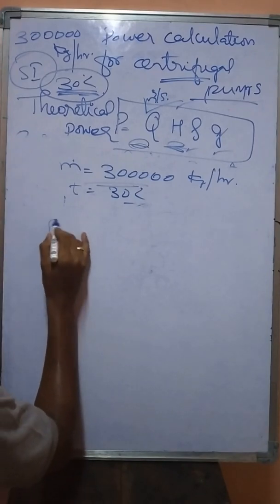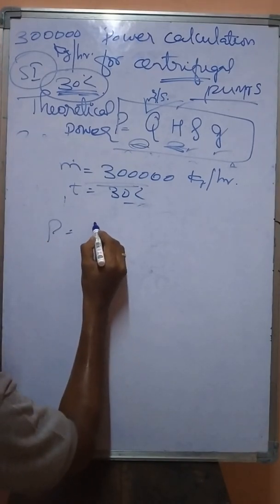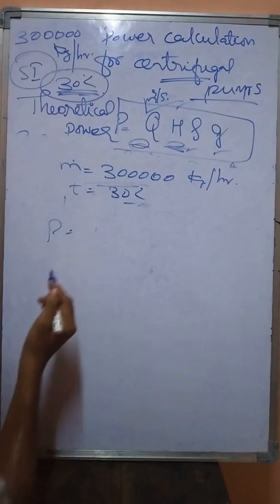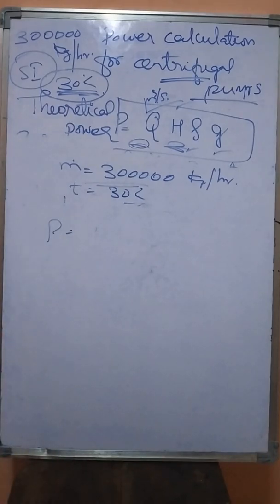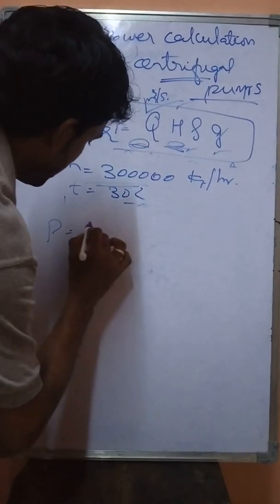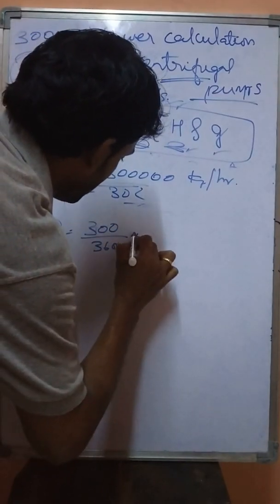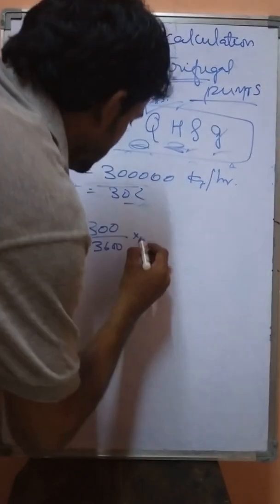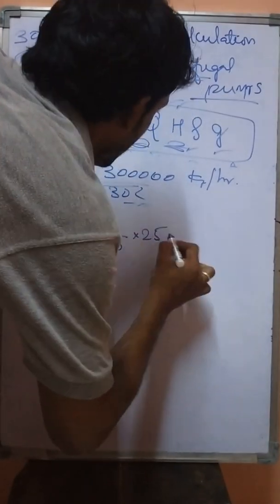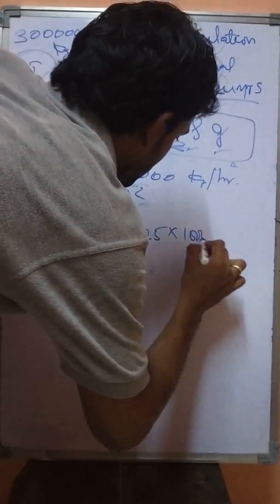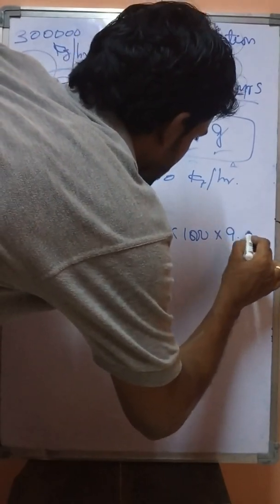So P is equal to Q, that we already calculated. So that is equal to, you can write directly, 300 divided by 3600 into H rho g. H is 25 meters and rho is 1000 and this one is 9.81.